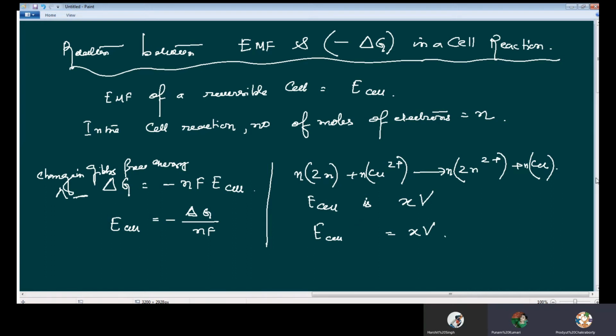Now we are going to find the relation between the EMF and the free energy.